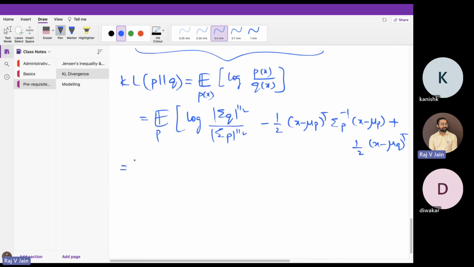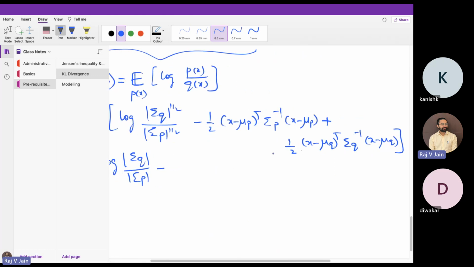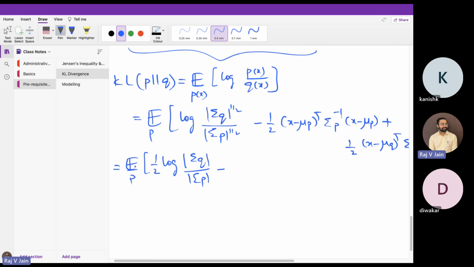And this can then be written as expectation over P, half of log of sigma Q by sigma P, minus this whole quantity. And again, using the idea of expectations being linear, I would just skip one step and go right ahead with this.